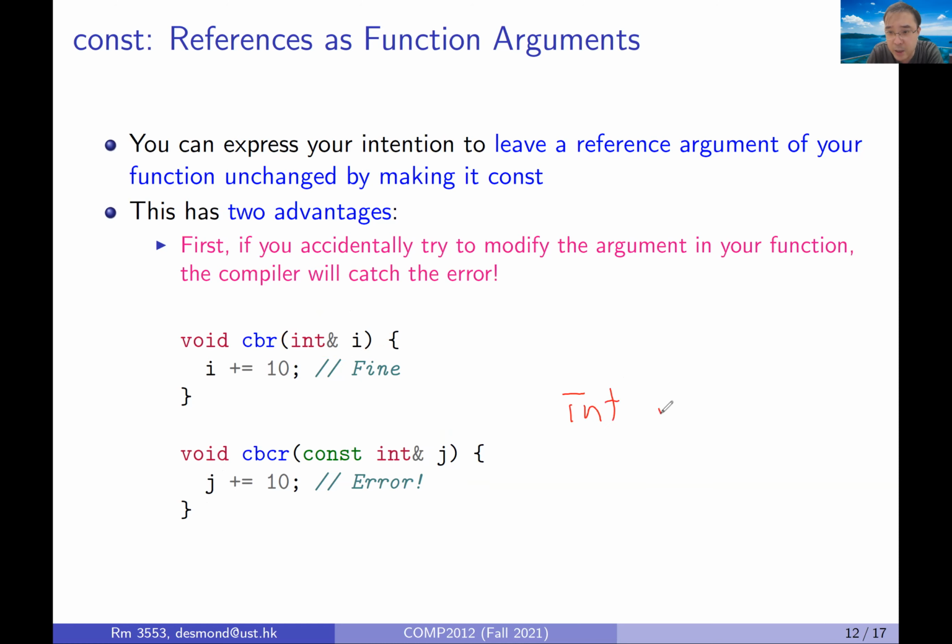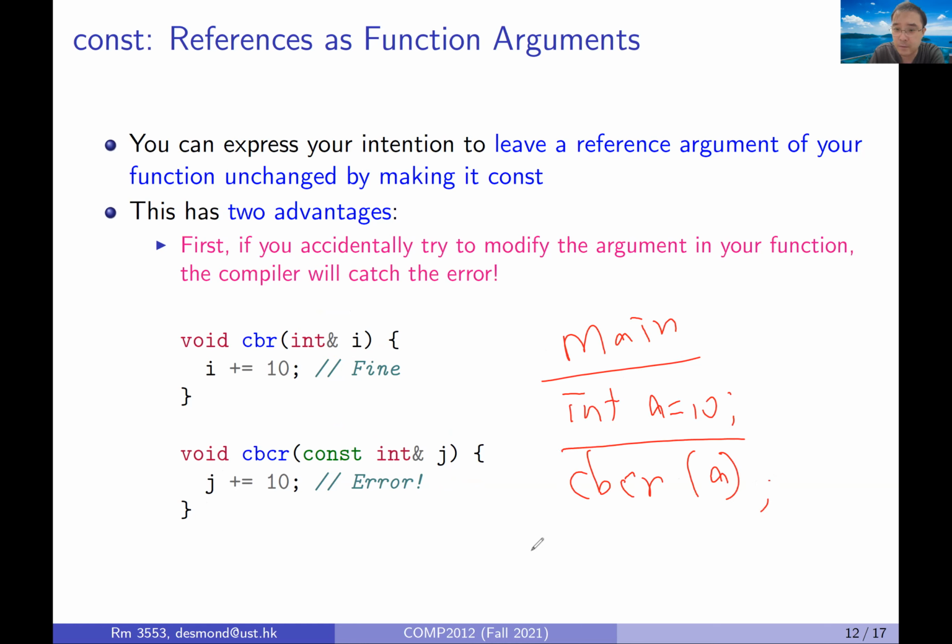Int A equal 10. Suppose this is main. And then I do this, CBCR, and then A. All right? So picture A, 10. You pass A to this guy. We don't need to define a new box. J is a nickname.